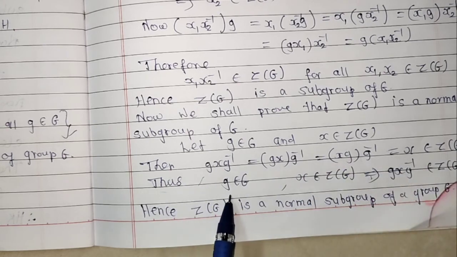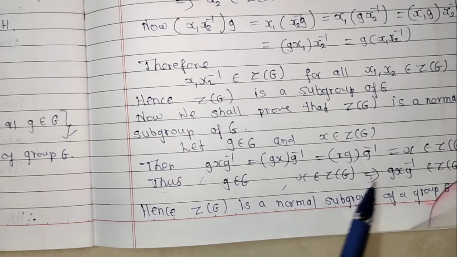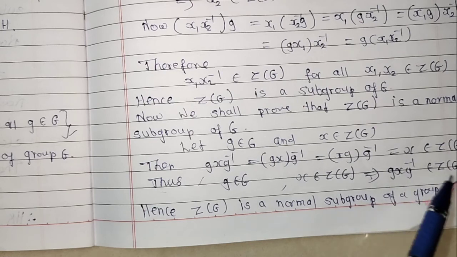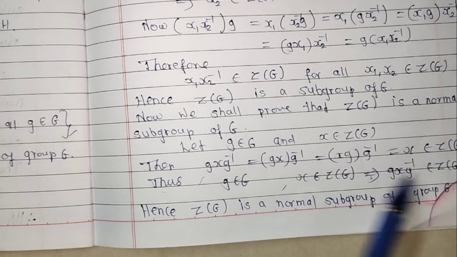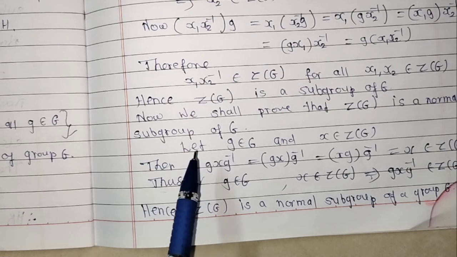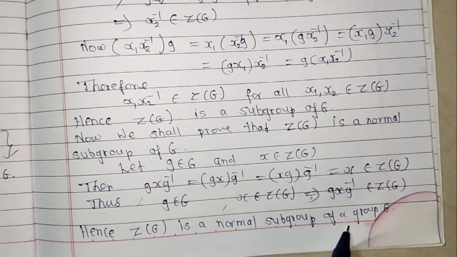Thus, g belongs to G, x belongs to ZG implies gxg inverse belongs to ZG, and hence ZG is a normal subgroup of group G.